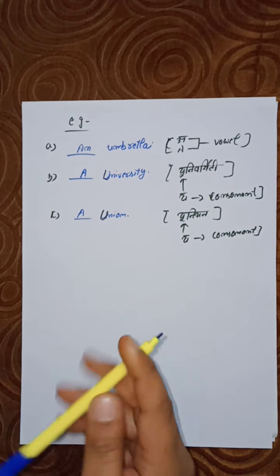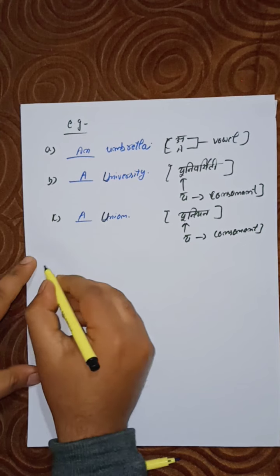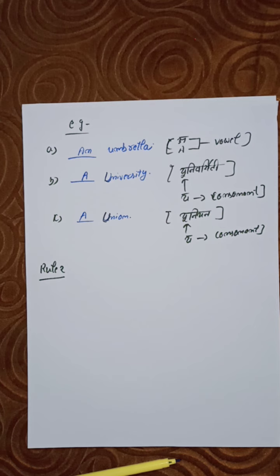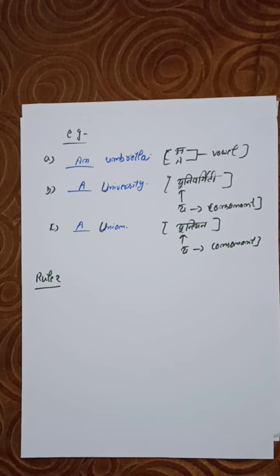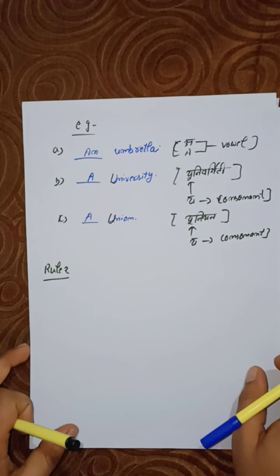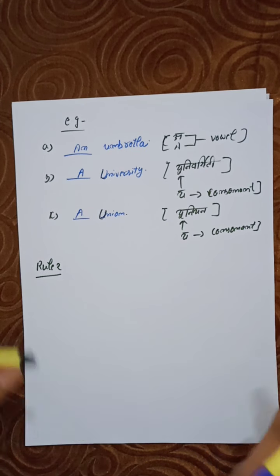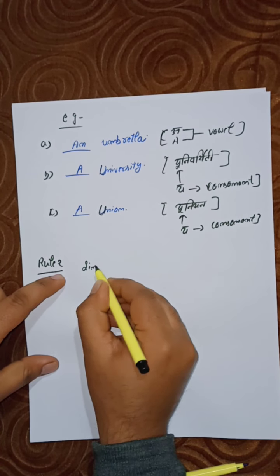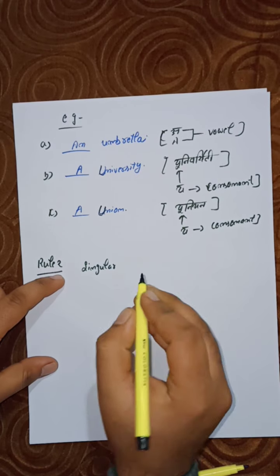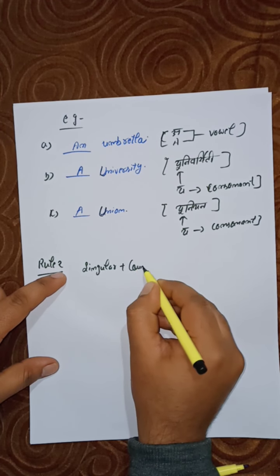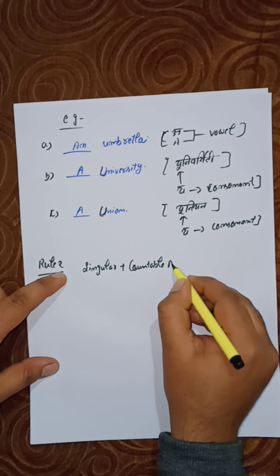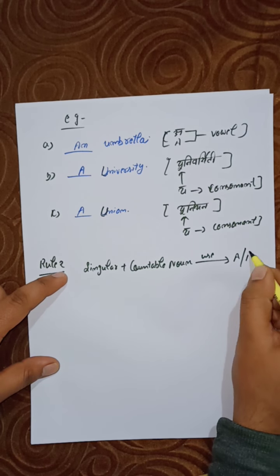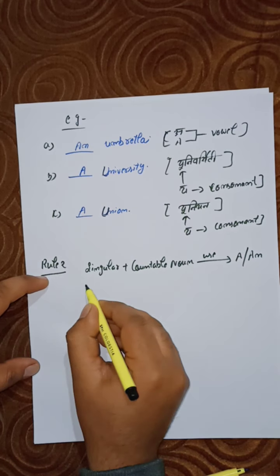Rule number two says that we can use a and an when there is a singular countable noun. Let's take an example.